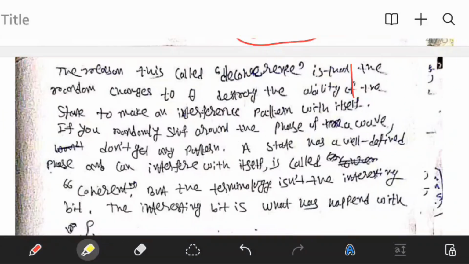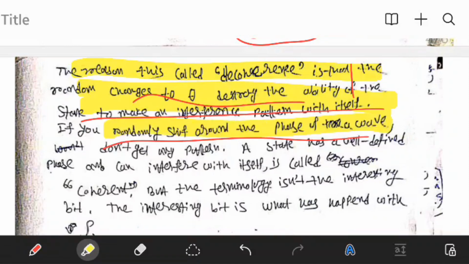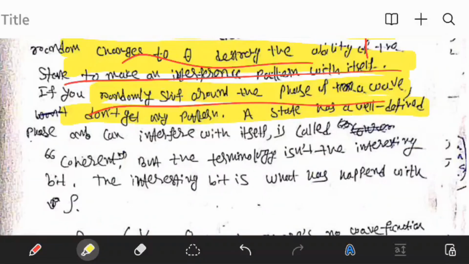So why is it called decoherence? Because in case of decoherence, the random changes of theta destroy the ability of the system to interfere with itself, so no interference pattern will be produced. If you recall correctly, a quantum mechanical system has a well-defined phase and it can interfere with itself.